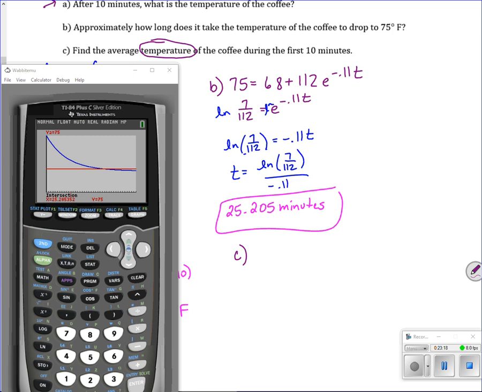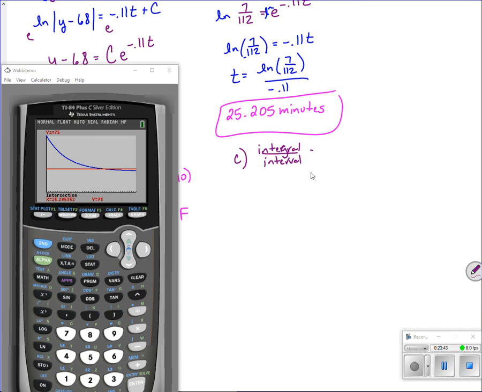Like in letter A, what was the temperature of the coffee after 10 minutes? That means in 10 minutes, what was the temperature? So you had an equation for temperature. So what's the formula for the average of something you have an equation for? It's integral over interval. Now you can write that down, but you certainly have to write a more specific one.